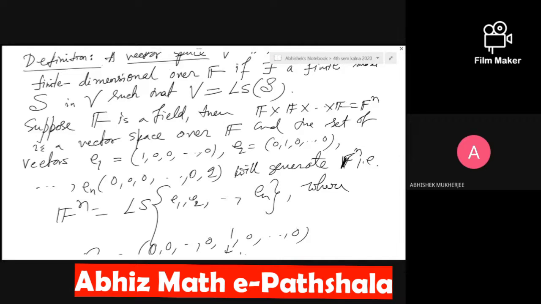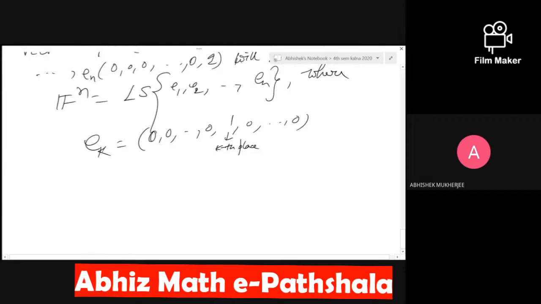Now let us have a look at the following statement. So this is again a corollary of the above theorem that we have proved for finite dimensional vector spaces.